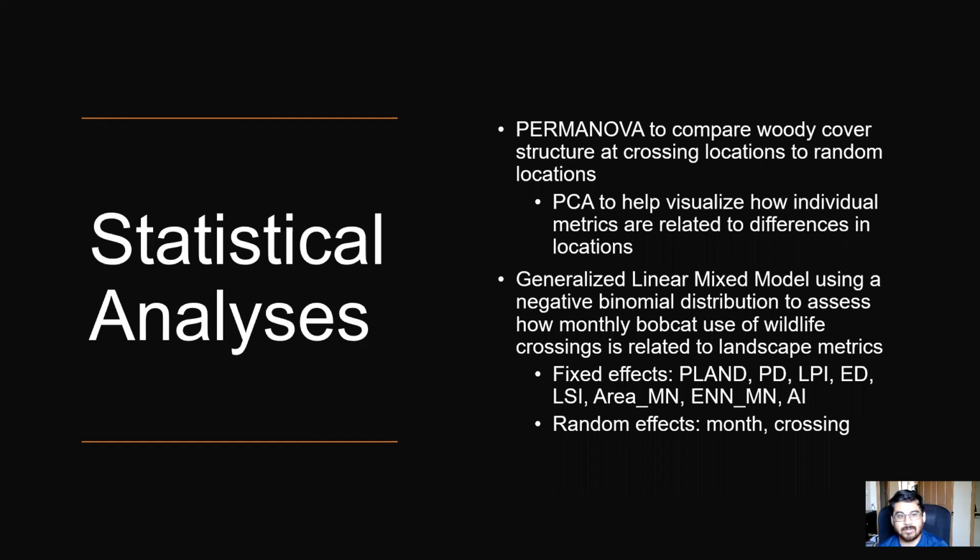So for our statistical analyses, first we wanted to compare woody cover, the structure of the woody cover around wildlife crossings to the available habitat. So we used a PERMANOVA so that we could assess landscape structure as a whole rather than how individual metrics differed. We then used a PCA to visualize differences between crossing and random sites and how individual metrics contributed to that variation between sites.